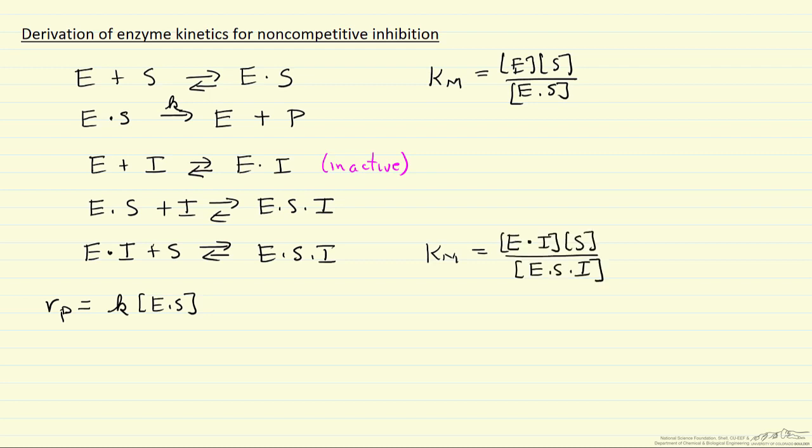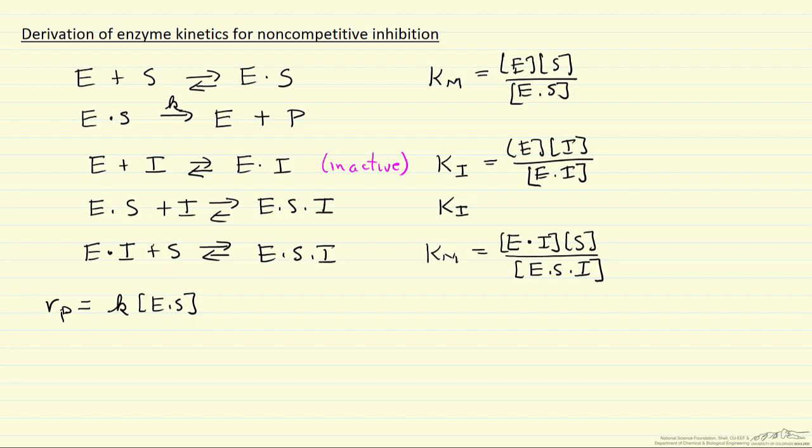And then we're going to have another dissociation constant for the inhibitor reacting with the enzyme. And again, it's the same form, concentration of enzyme, concentration of inhibitor. And then finally, we're going to assume the same dissociation constant for this step.